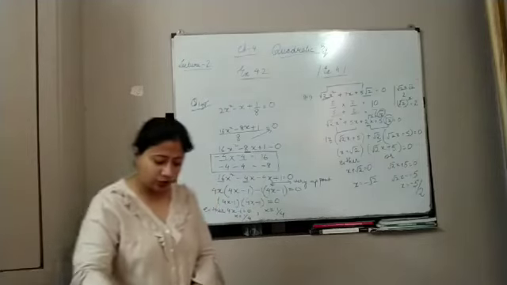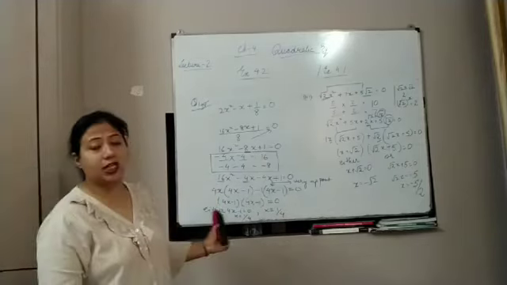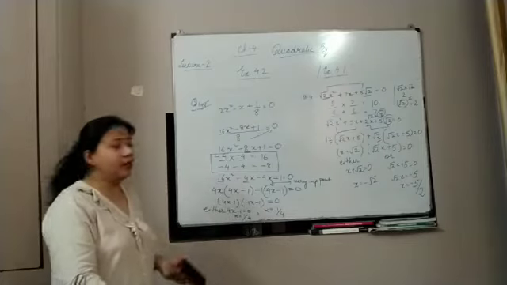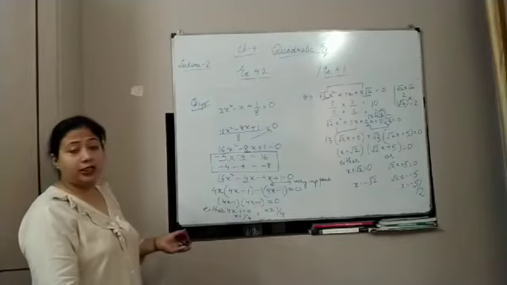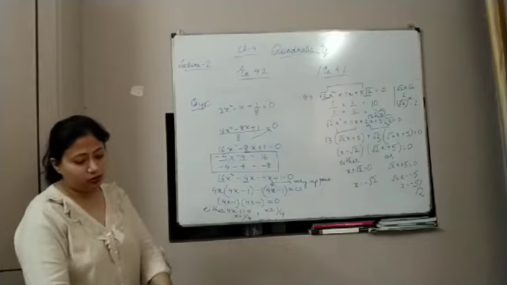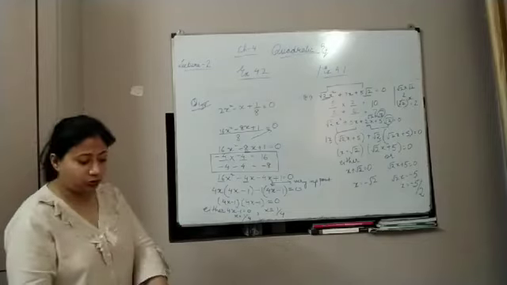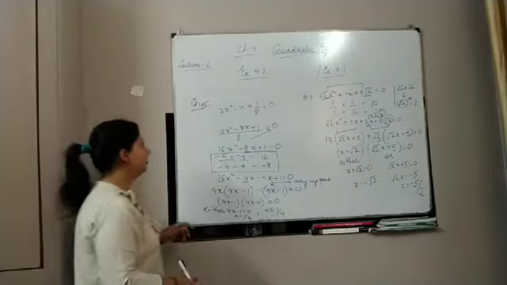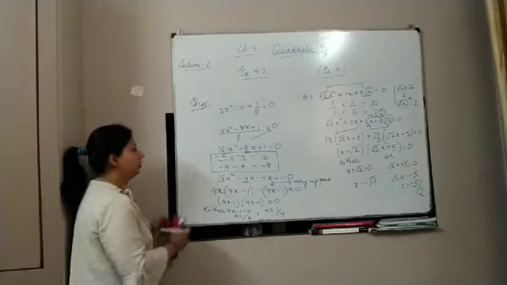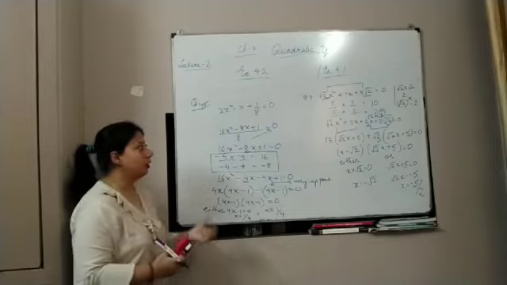Now the first question has 5 parts. From 5 parts I have done 3 parts on the board. You may have noted down, and the rest 2 parts is your homework. Now the second question of exercise 4.2 only. I hope you all have noted down these 2 questions.